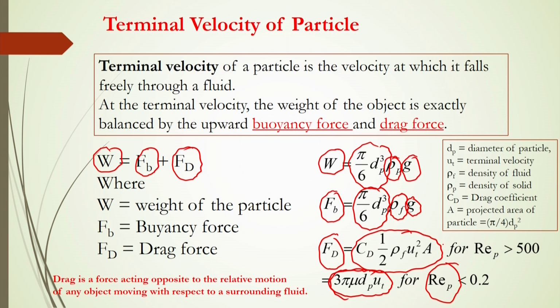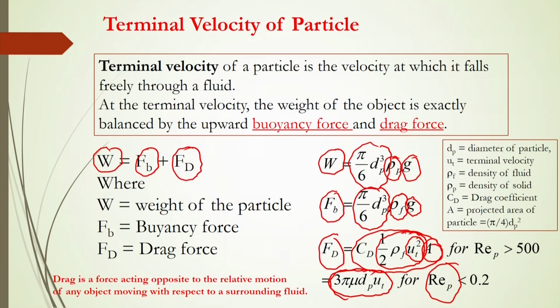A is the projectional area of the particle, and ut is the terminal velocity of the solid particle. So, rho f ut square will be half of rho f into ut square.